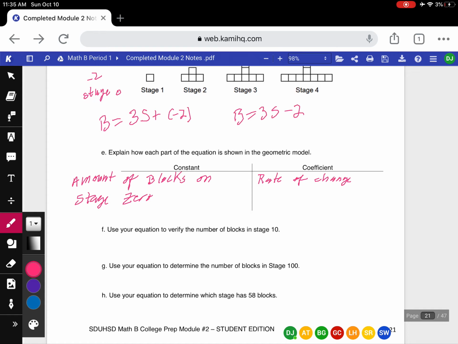So right here, we're talking about the 3s. And on the constant, we're talking about the -2. Once again, the rate of change is how many blocks I go up per stage.